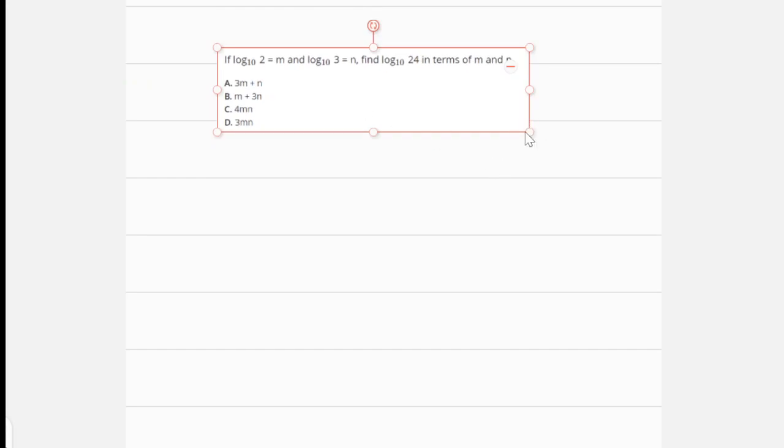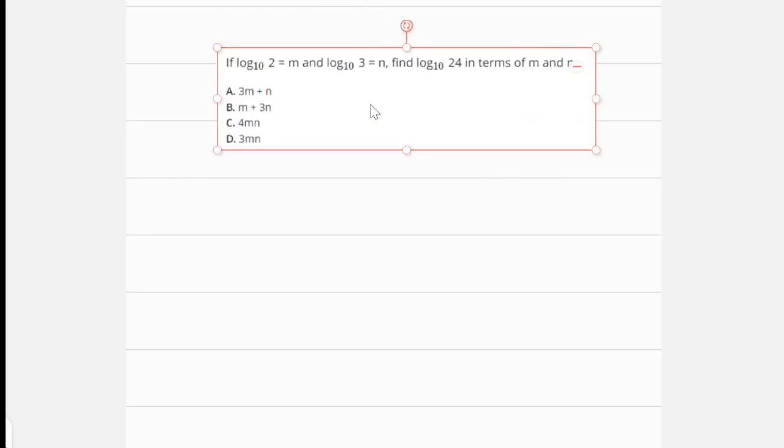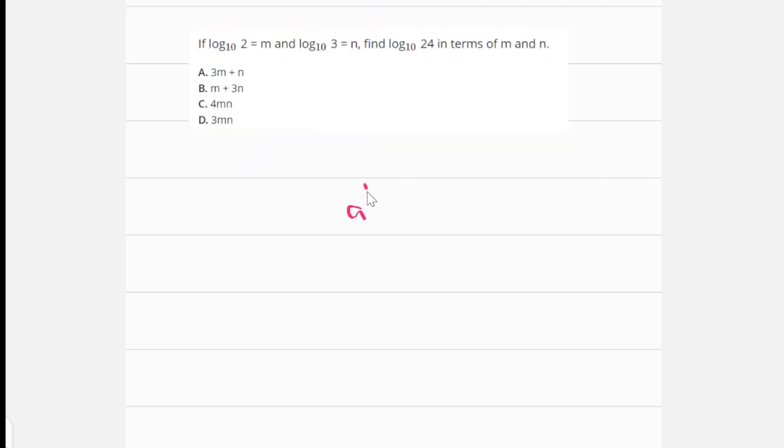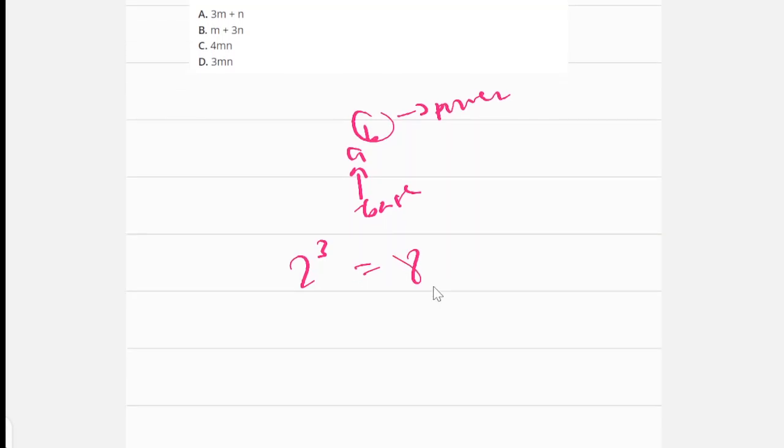So if log 2 base 10, when we say logarithm, you know, the other time I explained index. If I say a raised to power b, I said this is power and this is base. So when we now say logarithm of a number, logarithm is just like a power. We know that 2 raised to power 3 is 8.